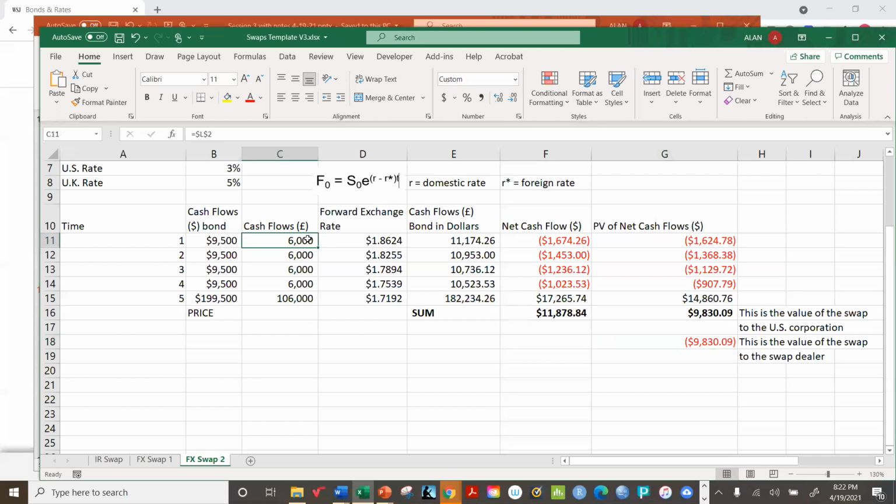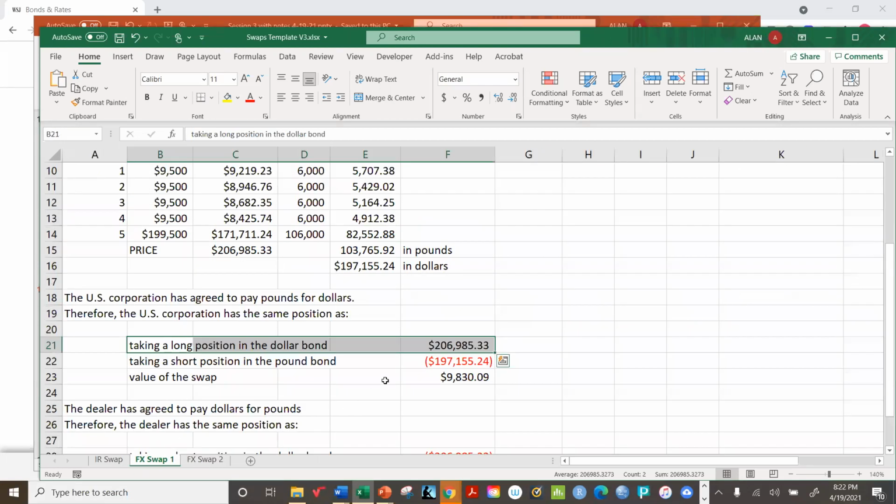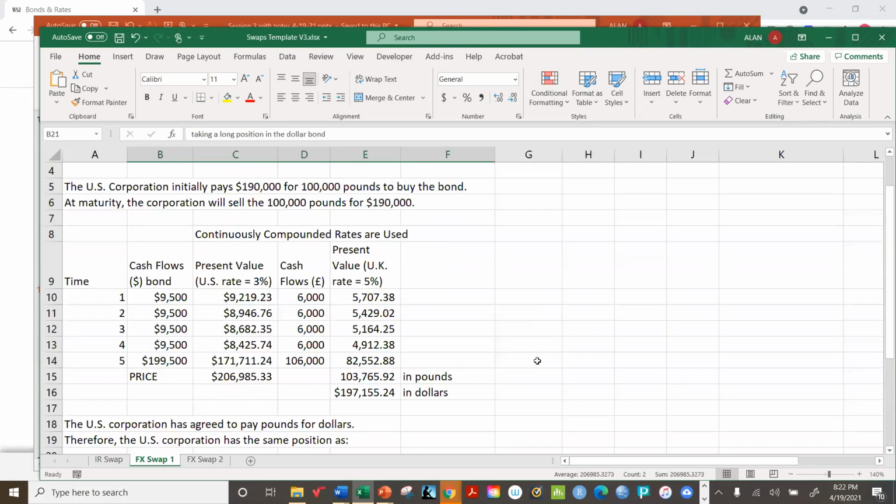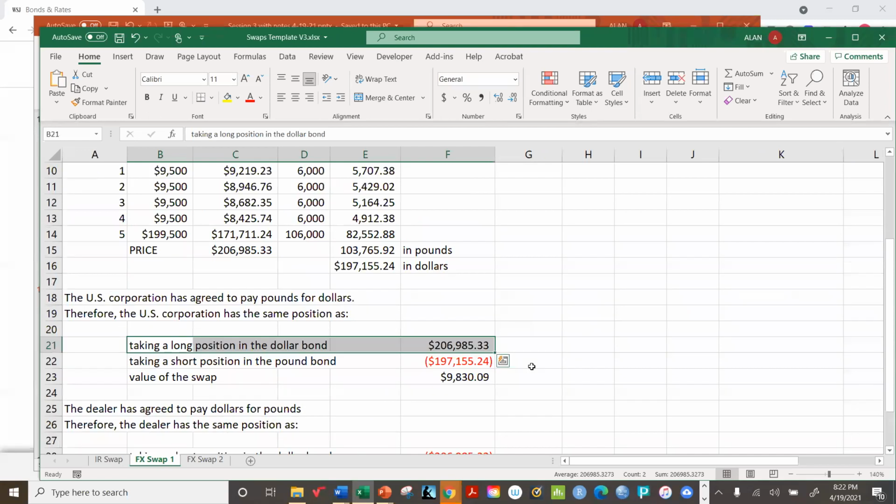So here I've priced all these future exchanges of cash flows using the forward exchange rate as if these were 5 consecutive forward contracts. And that's how I determine the net value of my swap. Back here, I'm just looking at 2 traditional coupon-bearing bonds denominated in the 2 currencies.